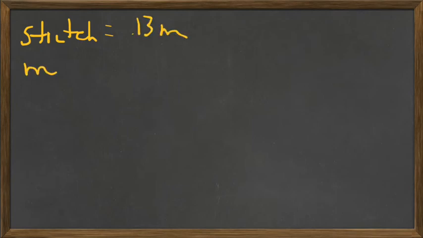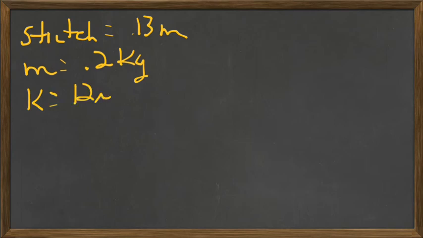So let's say you have a problem where you have a spring, and we're going to give it an initial stretch from the relaxed length of 0.13 meters. The spring has a mass on it of 0.2 kilograms, and it possesses a spring constant of 12 Newton per meter. And I want to know what happens if that's my initial stretch.